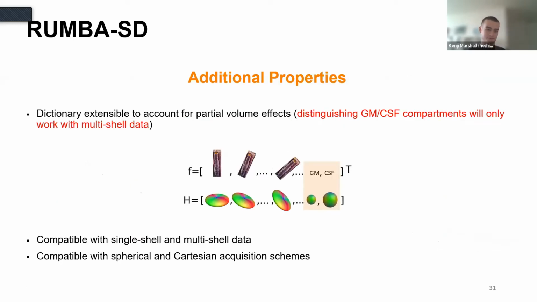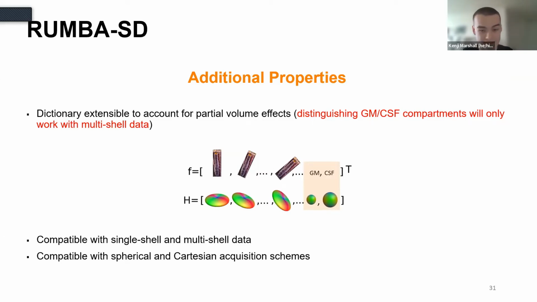Some additional properties of RUMBA. One advantage of using this dictionary approach is that it's very easy to extend the algorithm to account for partial volume effects. So contributions from things like gray matter and cerebrospinal fluid, these isotropic compartments.